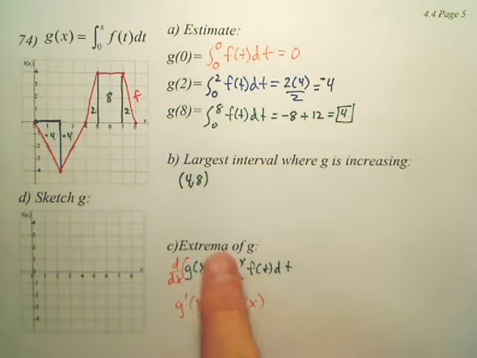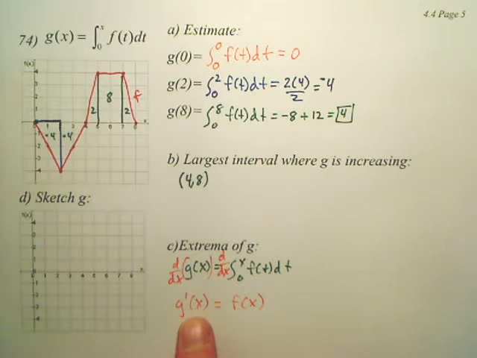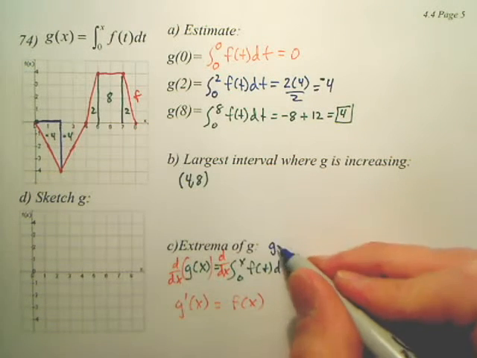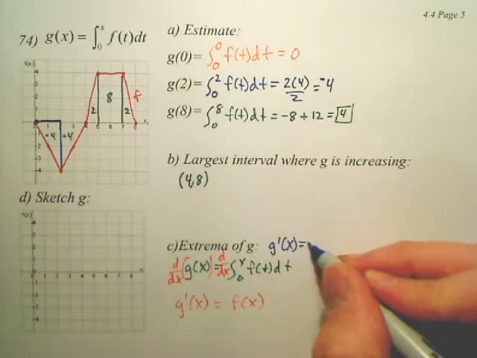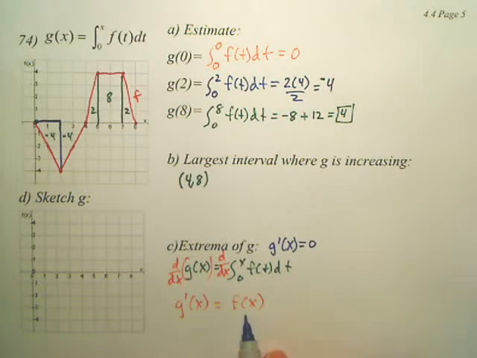So, if I'm looking for extrema, aren't I looking for g prime equals 0? You guys follow me? For extremas, I'm looking for g prime of x equaling 0. So what's g prime in terms of f? Well, isn't g prime f?